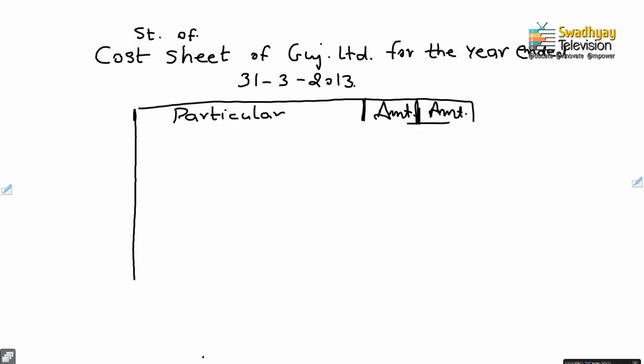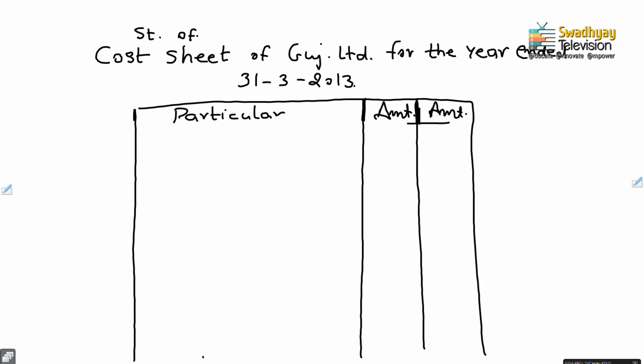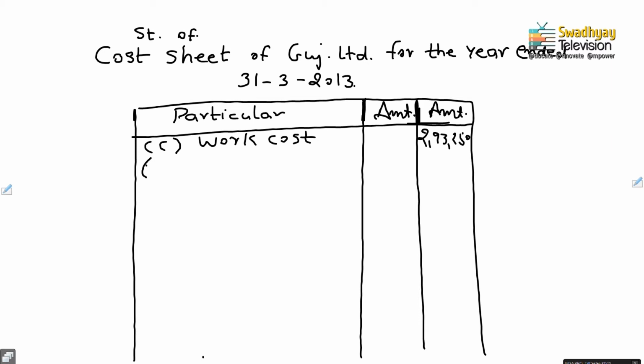Now after the work cost is identified, moving to the next part, that is administrative overheads. As we already found out the answer, the work cost is 2,93,250. Then the next expense is administrative overhead, it is item number 4, admin or office expenses.